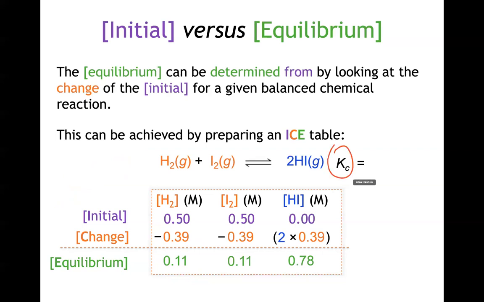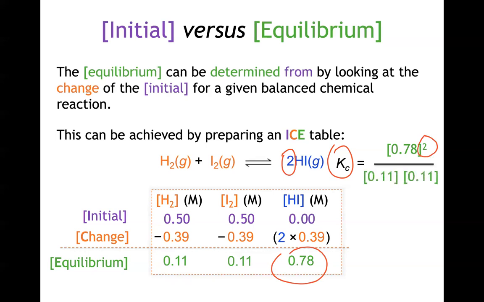It's equal to the concentration of the products, each raised to its coefficient, over the concentration of the reactants, each raised to its coefficient. So the concentration of the product is 0.78, and we have 2 moles. That's where the 2 comes into play. And then over the concentration of each reactant raised to its coefficient, and it's just 1.